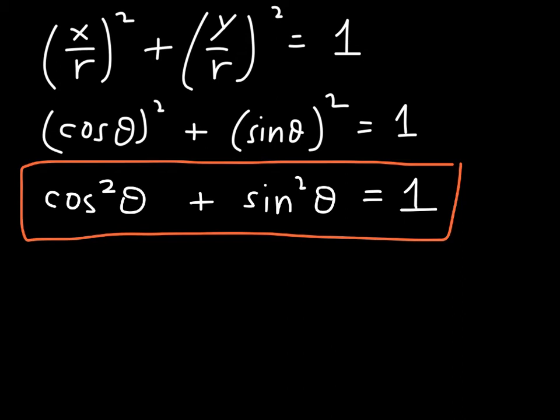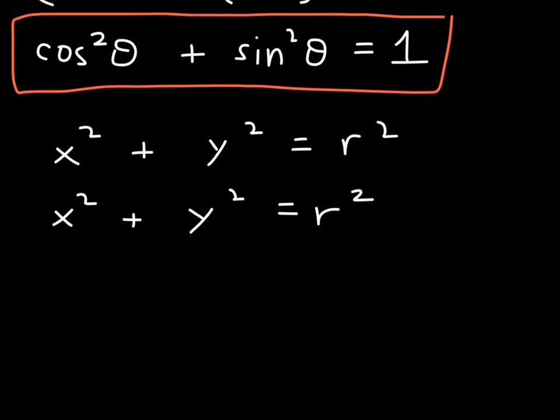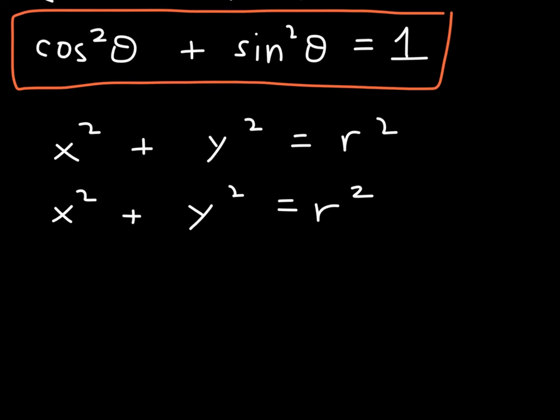All right, let's start all over. Let's start at the Pythagorean theorem again. And this time, I don't want you to divide by r squared. Let's divide each term by x squared.